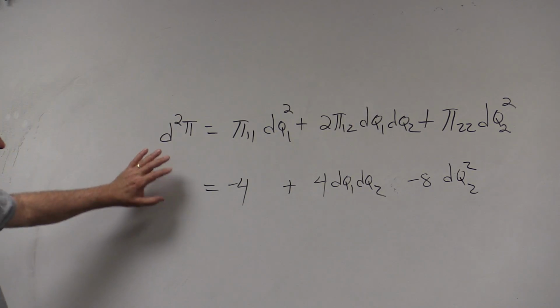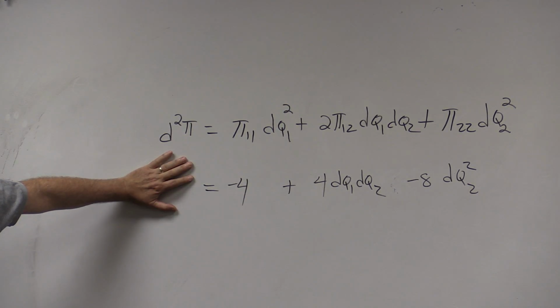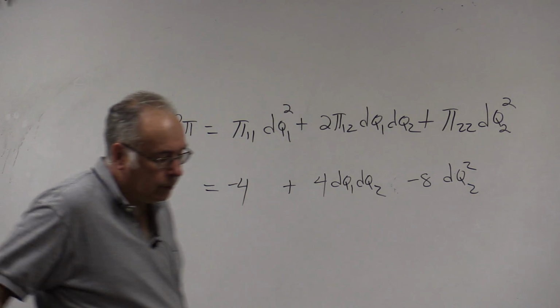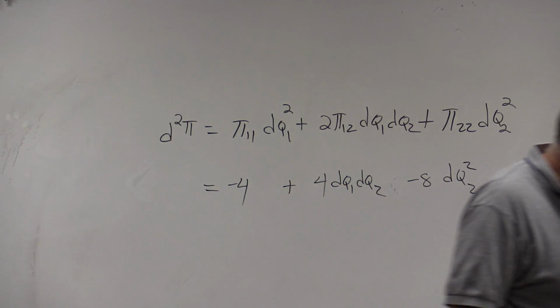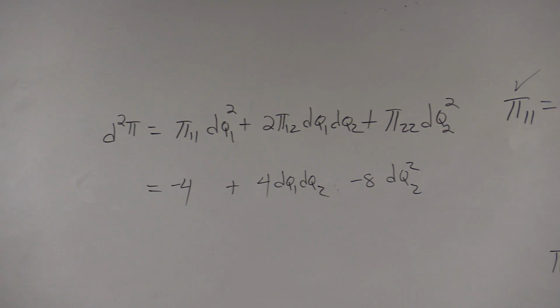Now this second order total differential is negative everywhere. Okay, so this is a negative definite second order total differential. So that means by 1125 that this is what kind of function?